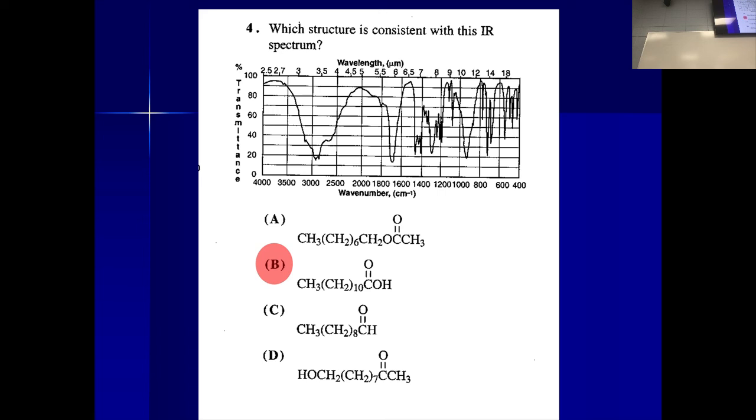It's a carboxylic acid. Carboxylic acids stretch throughout the entire hydrogen spectrum. But because a carboxylic acid actually has the OH and the carbonyl, the C double bond O also has to be present. If you see something that looks like this and this is not there, it can't be a carboxylic acid. Okay?